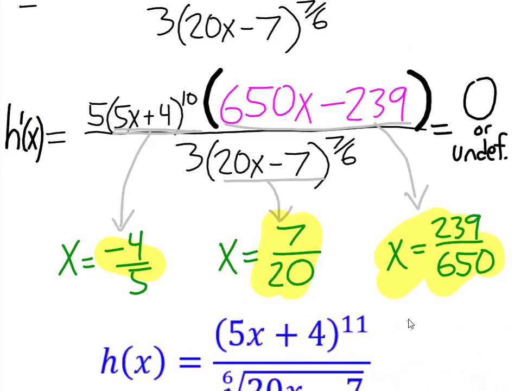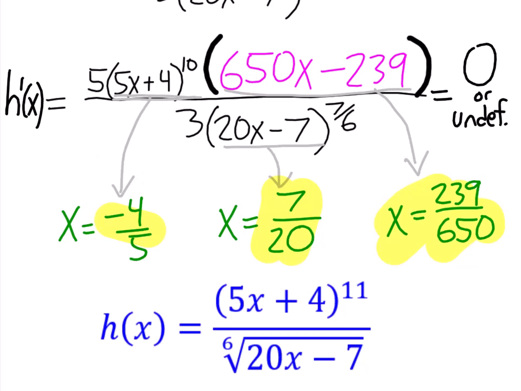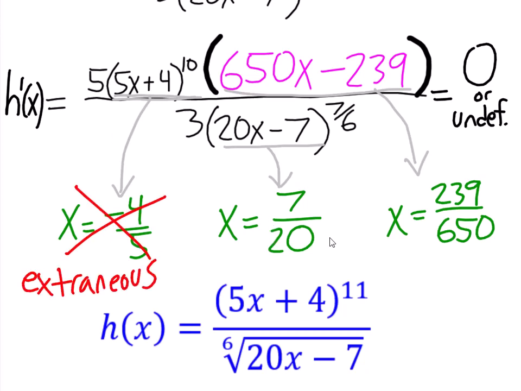If I bring back the original function, and if you imagine plugging in that negative 4/5 into the original function, you see how that's going to create a negative number underneath this even indexed root? 20 times negative 4/5 minus 7 is going to be negative. And if I try to take the 6th root of that, we get undefined. We're not dealing with complex numbers here, right? So that tells me that I'm not really concerned about that one. Let me go ahead and cross that out and say extraneous. I do still think that 7 over 20 is a vertical asymptote.